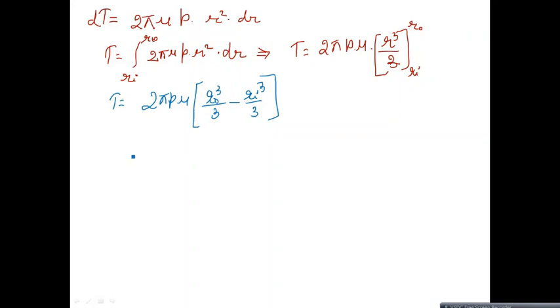Now let us substitute the boundary condition. Torque T equal to 2 pi p mu, R0 cube divided by 3 minus Ri cube divided by 3.